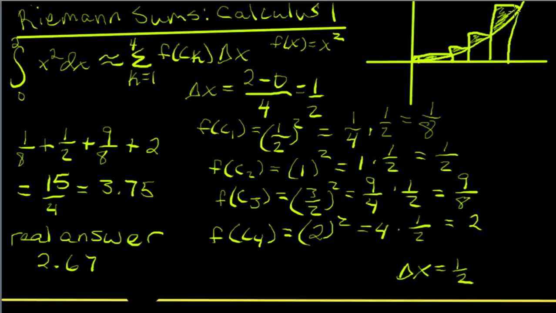If we use left-hand sums, then our C sub k would change to B minus k times delta x, instead of C sub k is A plus k times delta x, like we did in this video.